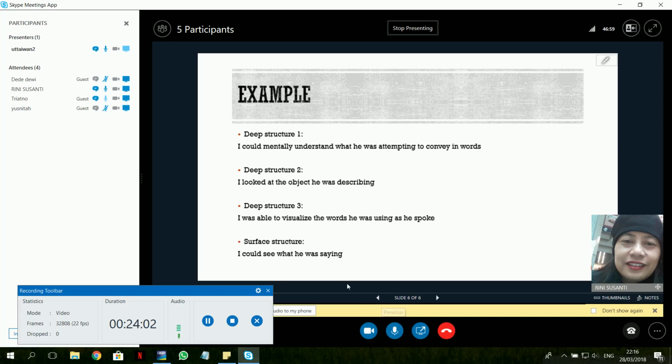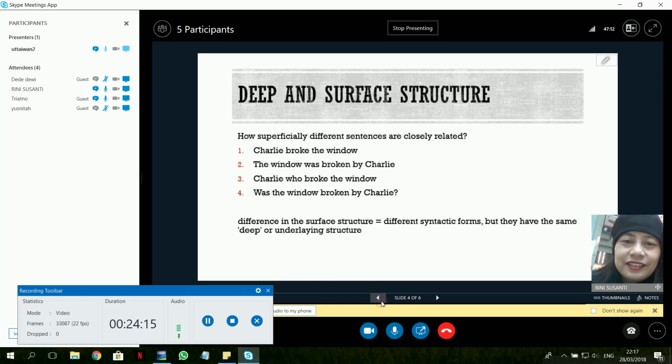So far, yang lain sudah paham? Mbak Rini? Contohnya ini. Deep and surface structure. How superficially different sentences are closely related.